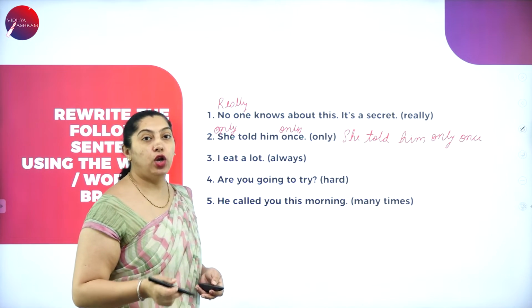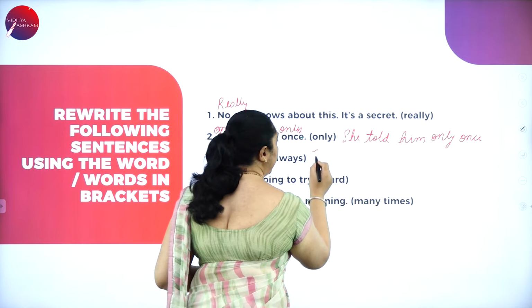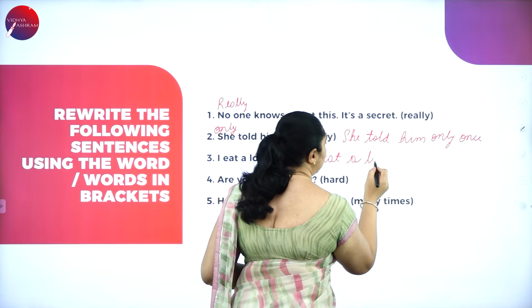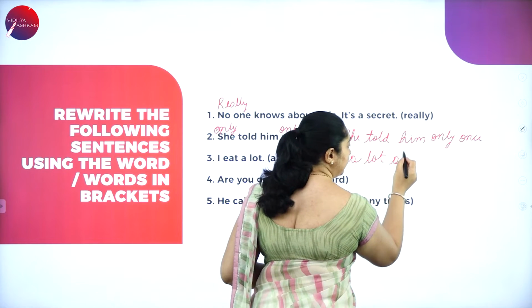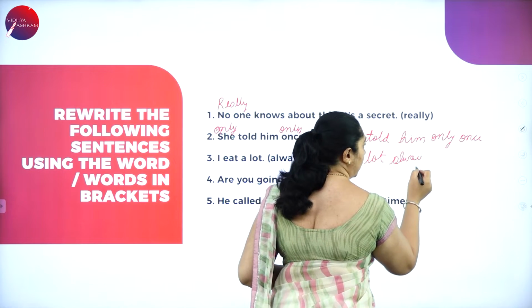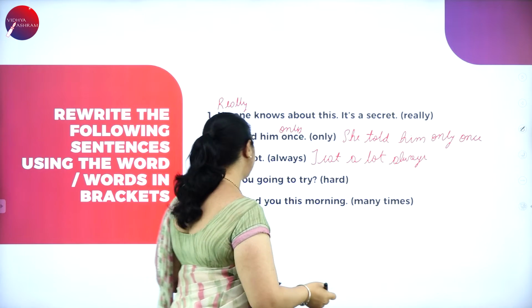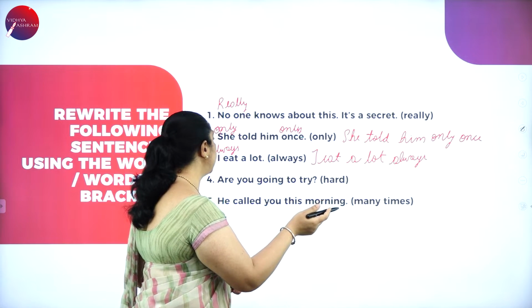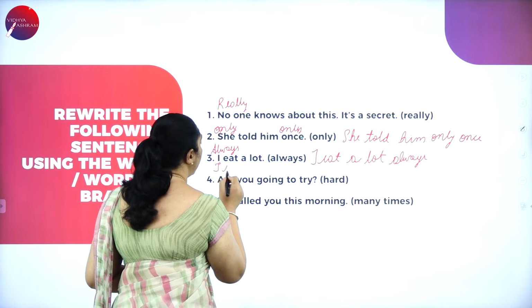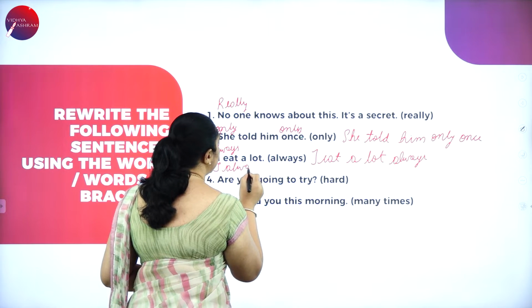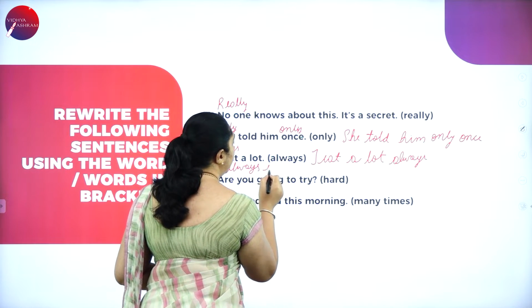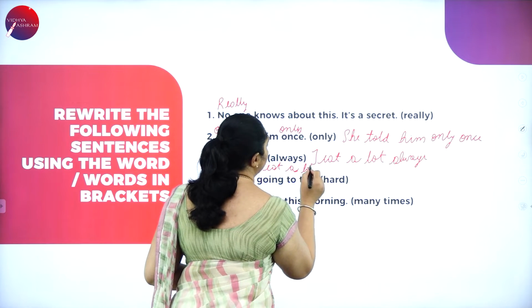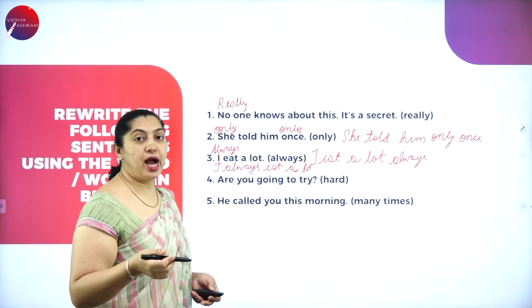I eat a lot. Here, the word is always. I eat a lot always. Always I eat a lot. Or else, I always eat a lot. 3 different ways you can write the answer.